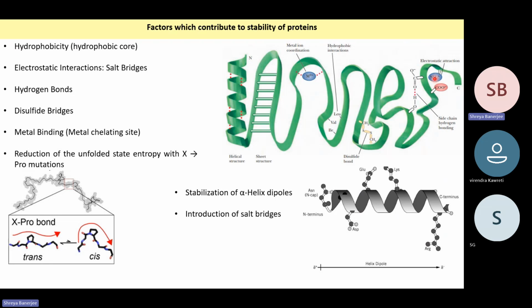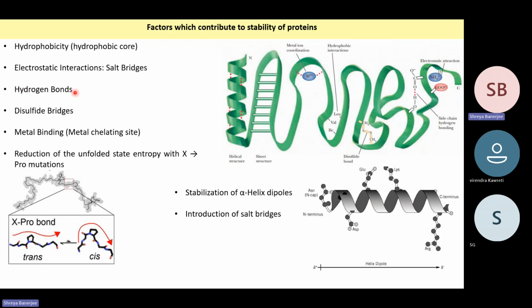So if you have an NH3+ and a COO-, there is a stabilizing electrostatic interaction between them. Like in a helix, if you have a glutamic acid and a lysine at i plus 4 positions, there will be a stabilizing electrostatic interaction between them, because glutamic acid will have COO- and lysine will have NH3+. So the opposite charges will stabilize the helix.